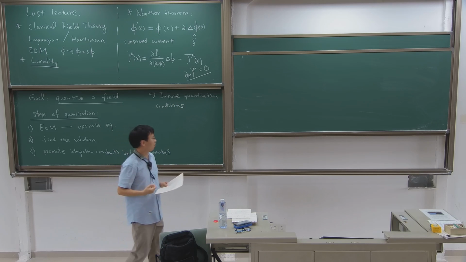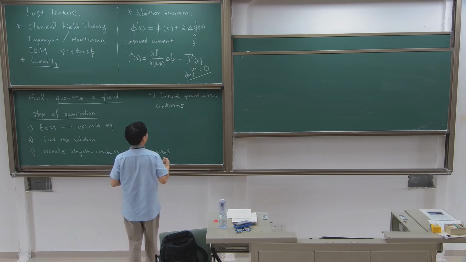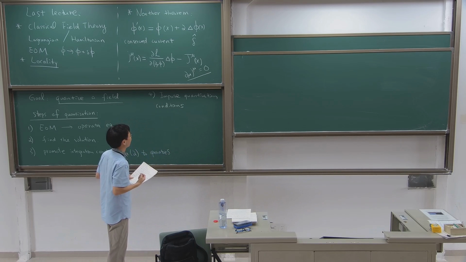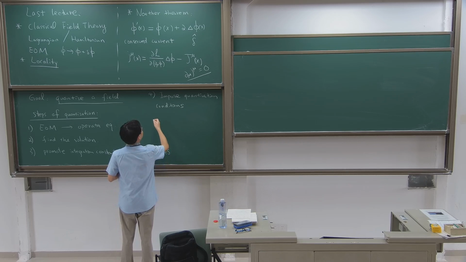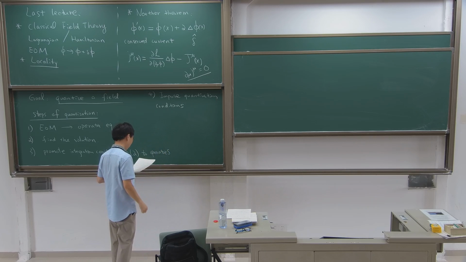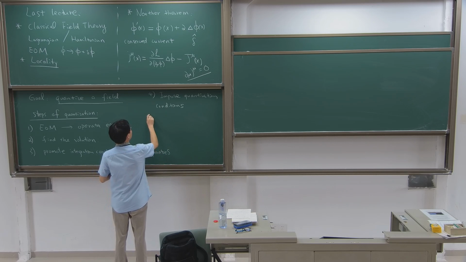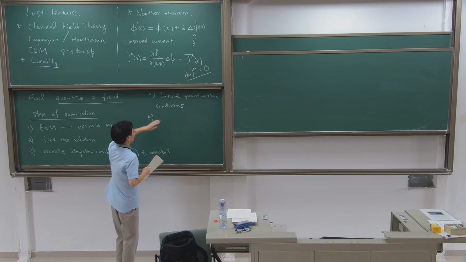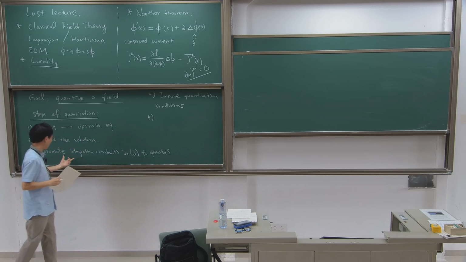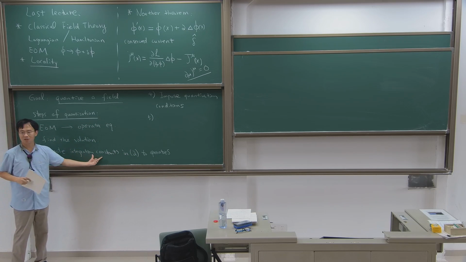In the case of harmonic oscillators, it's basically that the commutator of a and a dagger equals 1. Such a condition is the so-called canonical quantization condition. Of course, this condition is imposed on those operators which correspond to the integration constants.